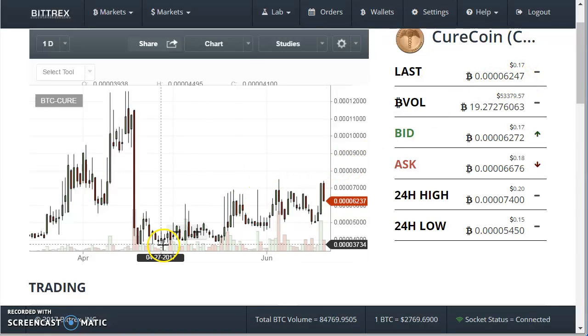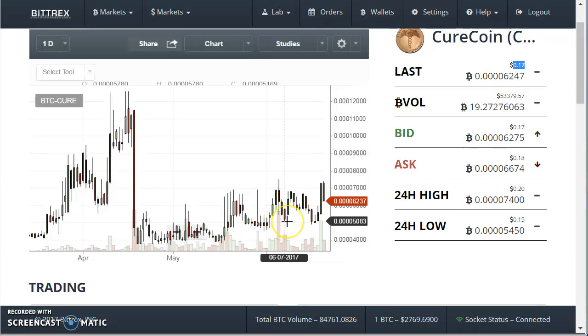Just looking at this chart, I can see that currently CureCoin is selling for 0.00006247. And you can see here they do show the price denominated in dollars. So it's actually 17 cents. If I believe that CureCoin is underpriced at this point, I can go ahead and submit an order and buy it at 62.47.